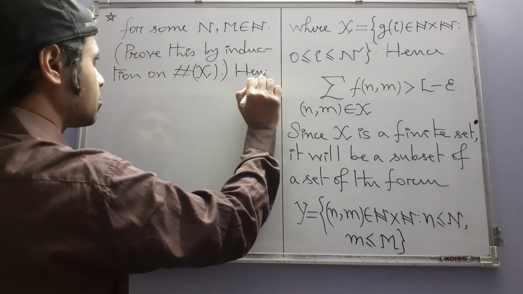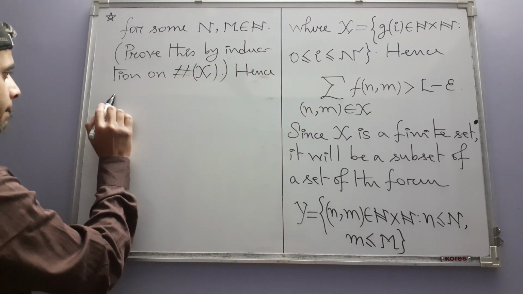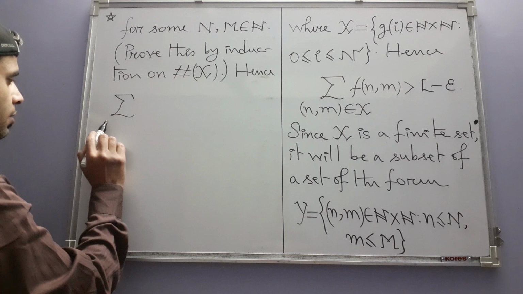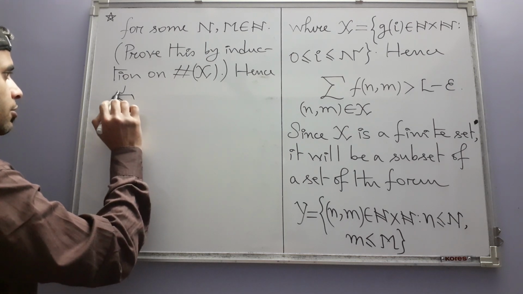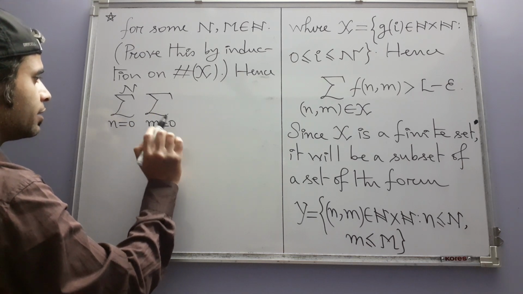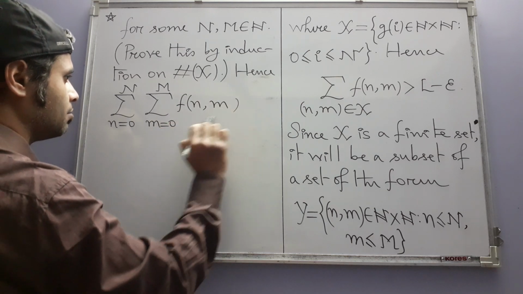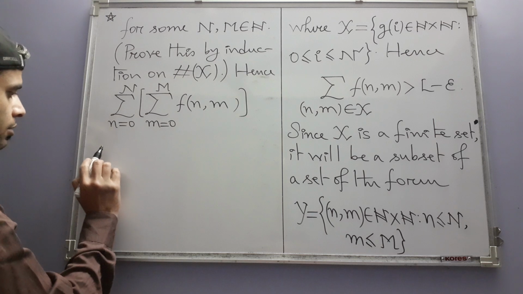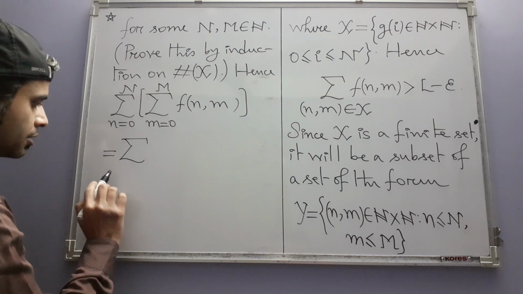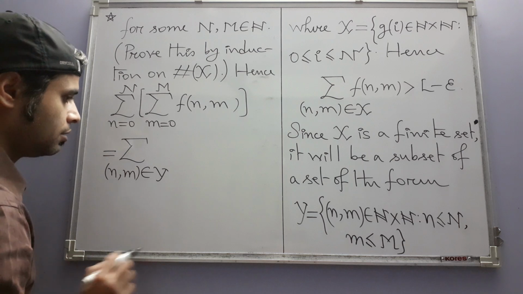Hence, summation n varying from 0 to N, summation m varying from 0 to M, f of n comma m, which is equal to summation n comma m varying over y.